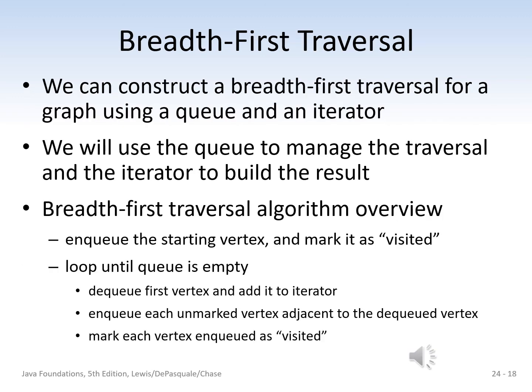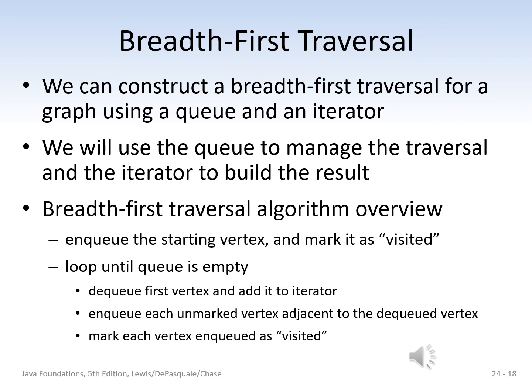A breadth first traversal for a graph can be constructed using a queue and an iterator. And we're going to look at an implementation of a breadth first traversal in a minute or two. We'll use the queue to manage the traversal and the iterator to build the result. So an overview of the breadth first traversal algorithm goes like this.